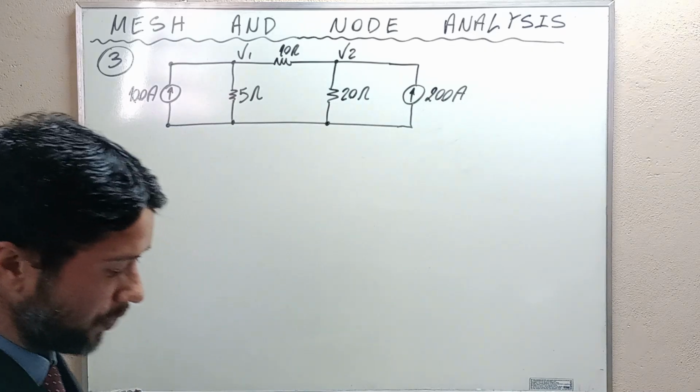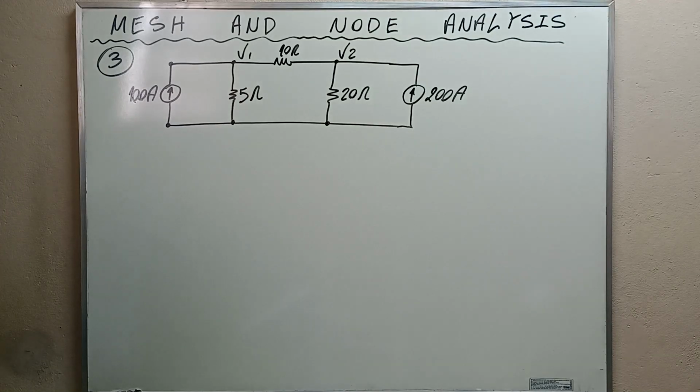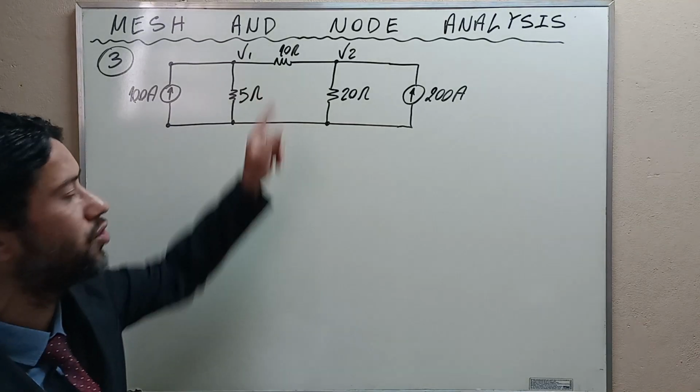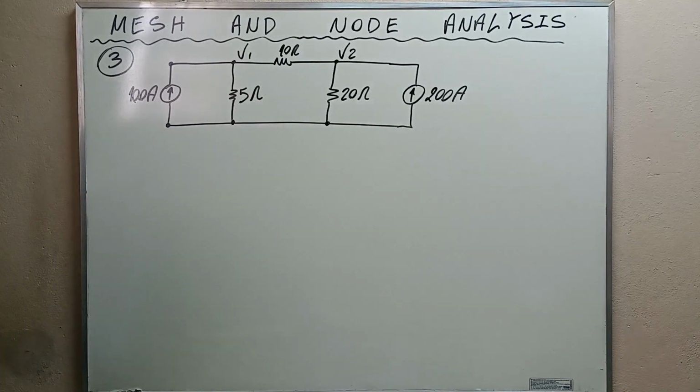Exercise number 3. Find the voltage across the 10 ohms resistor in the circuit. The exercise wants us to calculate the voltage across this resistor, okay? And one of the several methodological approaches to solving this circuit involves its reinterpretation in terms of equivalent voltage sources through the application of Thevenin's and Norton's theorem.